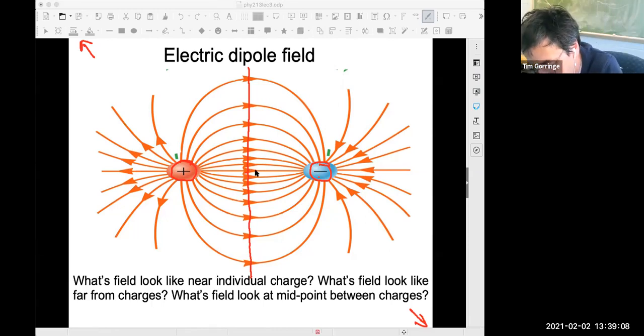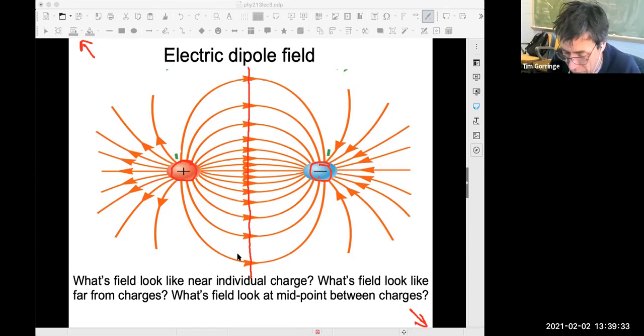The horizontal components add up and make a field from left to right. But the vertical component of the field of the positive charge and the vertical component of the field of the negative charge cancel one another out. And so you get this characteristic field on the midplane that just sweeps from the left to the right.